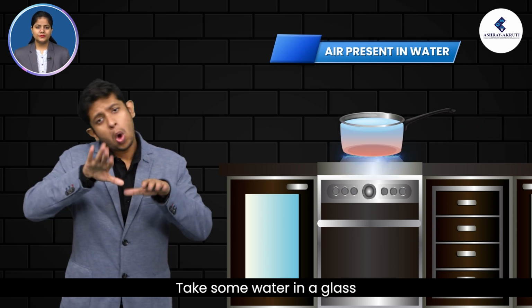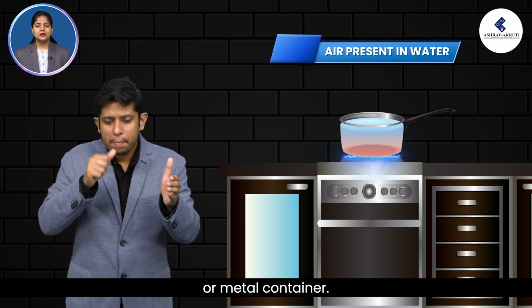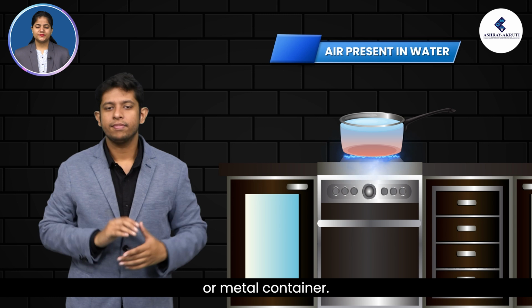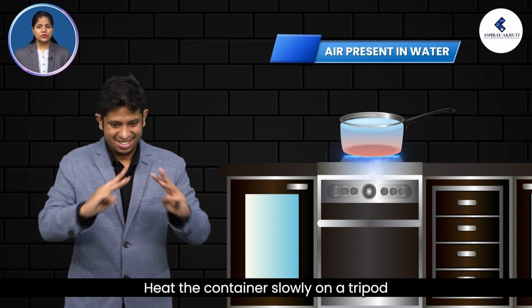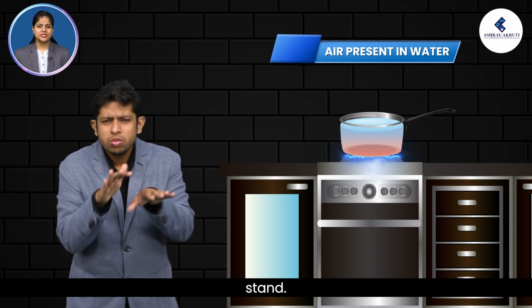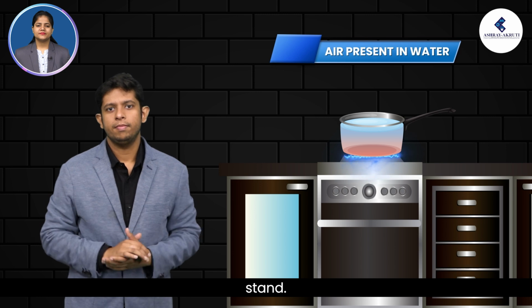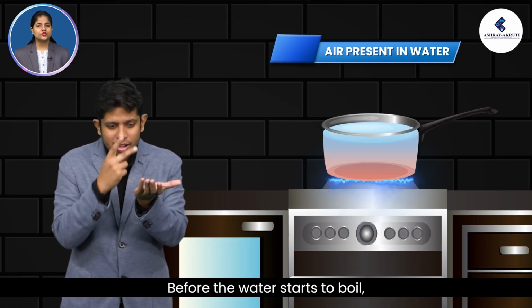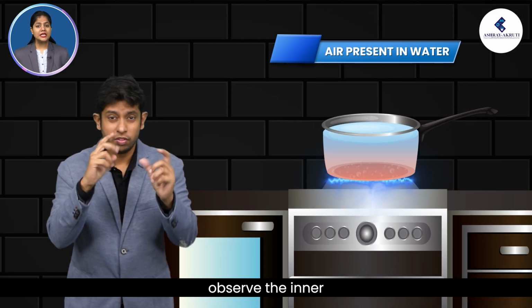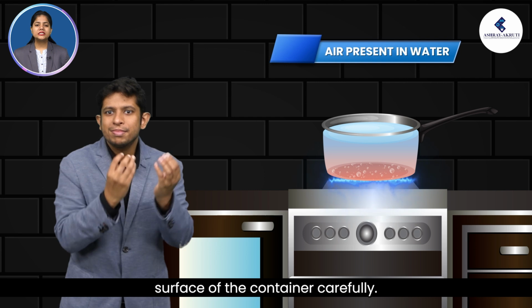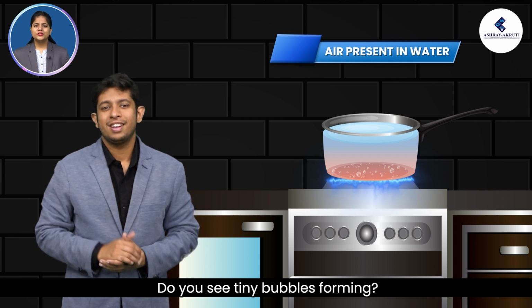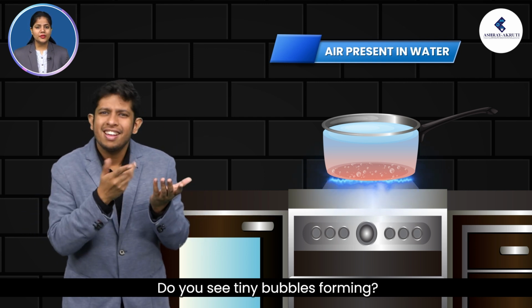Take some water in a glass or metal container. Heat the container slowly on a tripod stand. Before the water starts to boil, observe the inner surface of the container carefully. Do you see tiny bubbles forming?